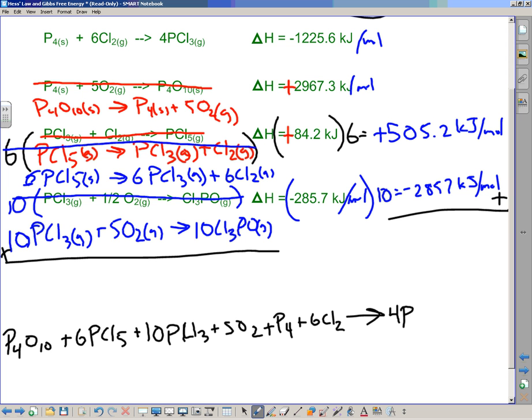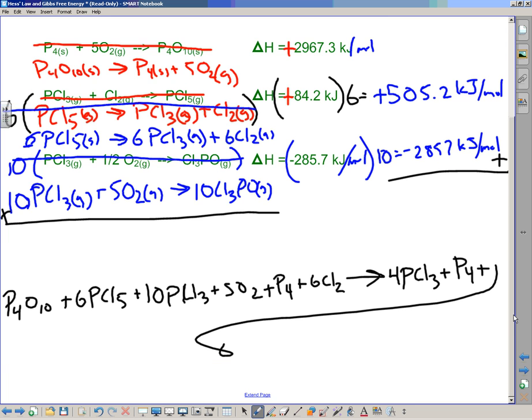Then our products: 4 PCl3 plus P4 plus, and then I'm going to wrap around here, 5O2 plus 6 PCl3 plus 6 Cl2 plus 10 Cl3POs. That was a lot of writing.